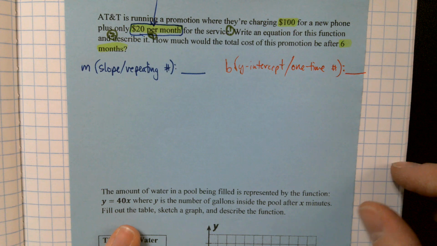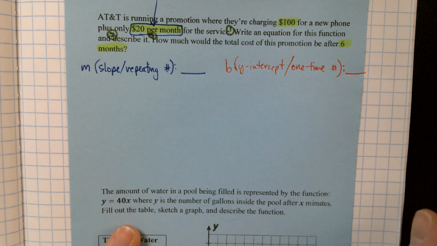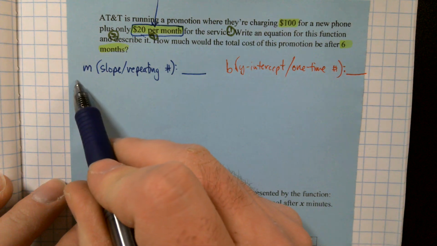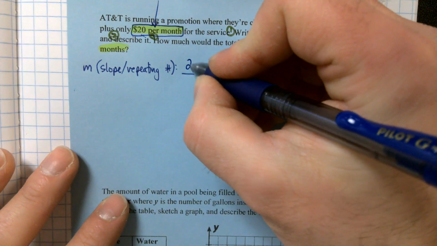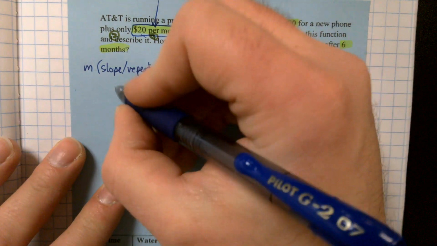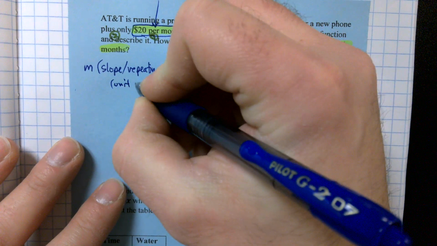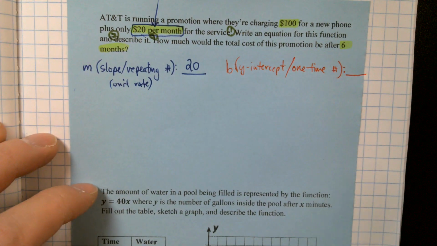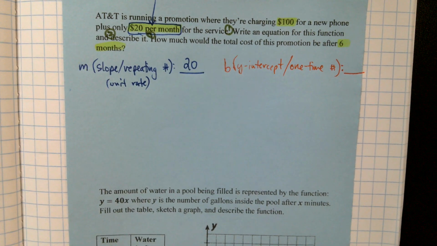How much is it next month? $20. What about the month after? $20. Over and over and over again. That is my slope. 20. Okay, this is also called the unit rate, as we've talked about. So that's my M.